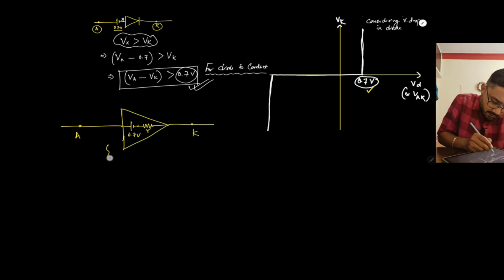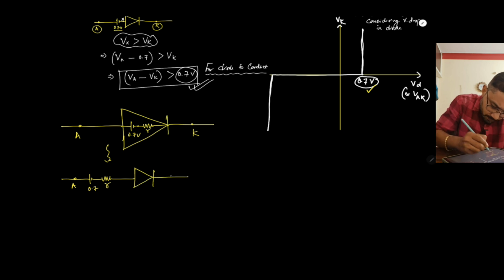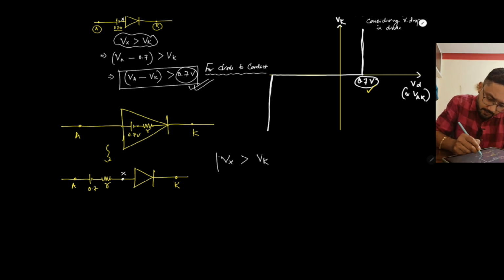Again, to check this condition, we can shift the voltage drop and the R outside of the diode, and consider this point as X. Now for the diode to conduct, Vx should be greater than Vk.